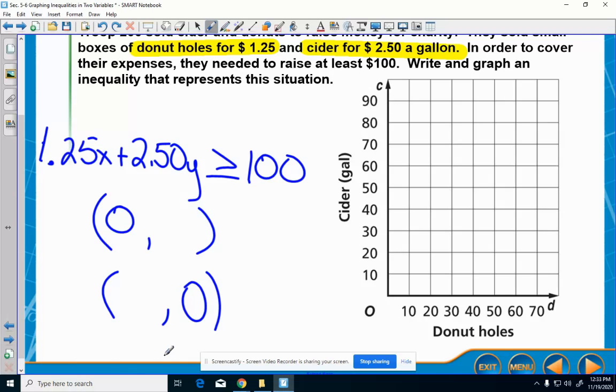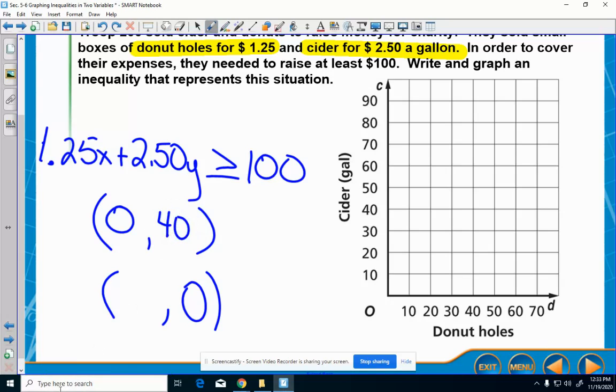Like if you put a 0 right in here for X and made it go away, you're basically saying sell no donut holes, just cider. Like, can you give me an answer to that? With a calculator, it should take you less than 10 seconds to tell me. I don't think so. You multiplied by 100. You didn't divide by 100. Yeah, that's probably 40.